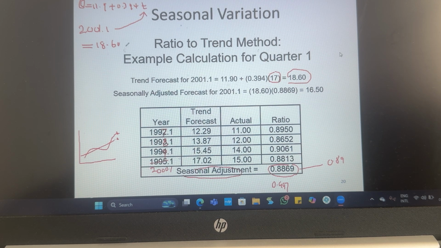You need to multiply this number by this seasonal adjustment, 0.8869. After making this adjustment, you will get this number, 16.5. So this is the number that we have to take as the seasonally adjusted number.